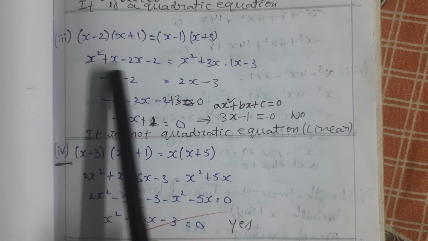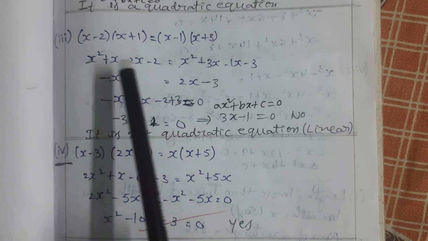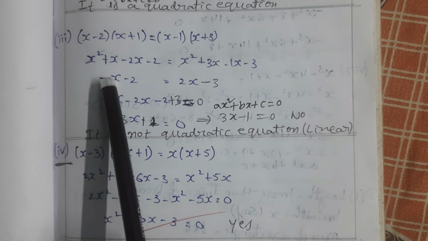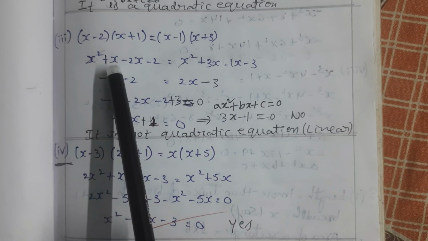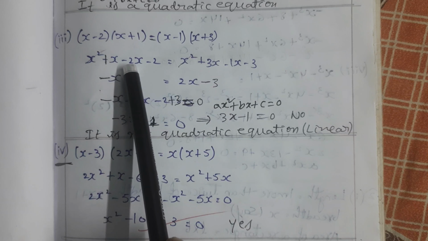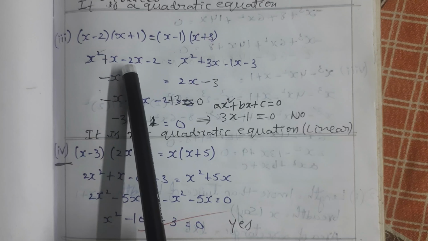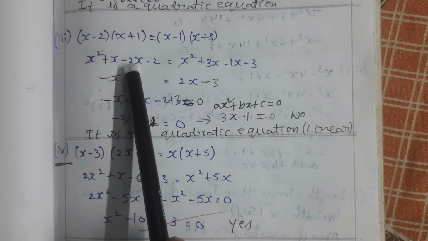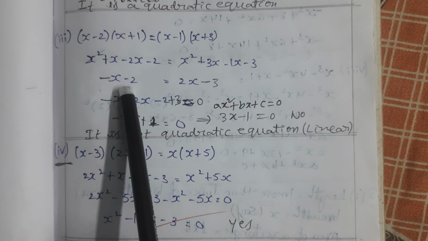Now x square, both terms are equal, and in between the equal sign is there, so you can cancel it. The remaining terms: x minus 2x means 2 minus 1, so 1x is present, but the sign is negative because the negative is more, so minus x, minus 2.